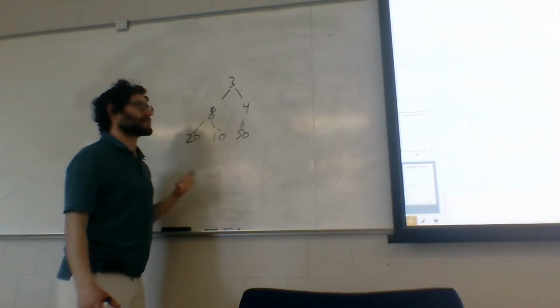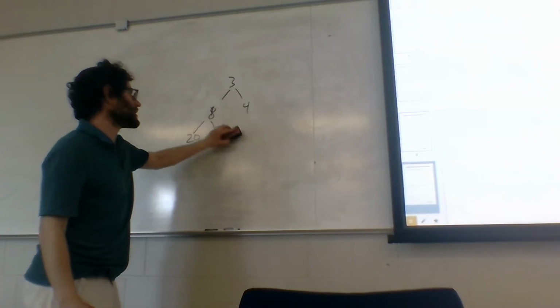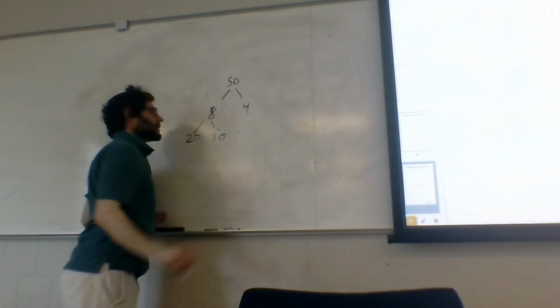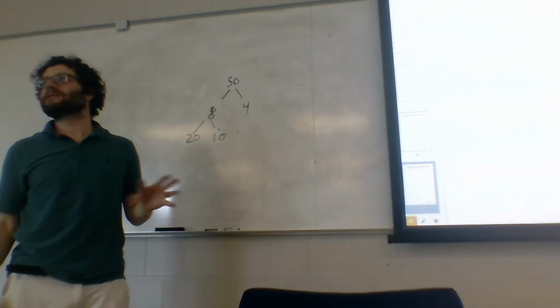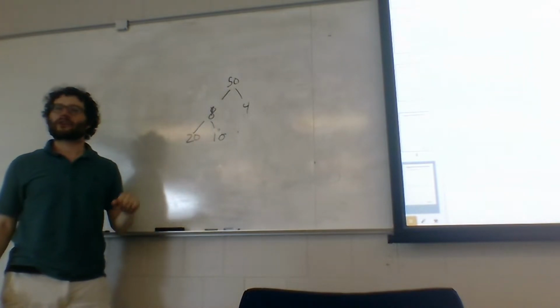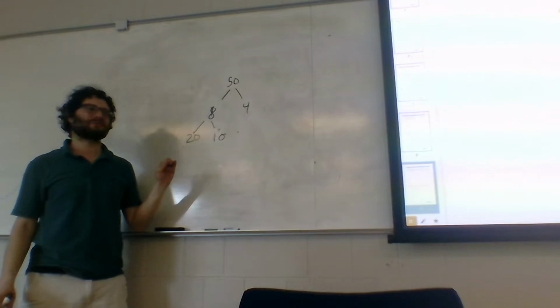Now we are doing our second remove, which means we're removing 3. To remove 3, we take 50 and put it up here. Now 50 needs to sink down. Both of its children happen to be smaller than it. So what do we do here?